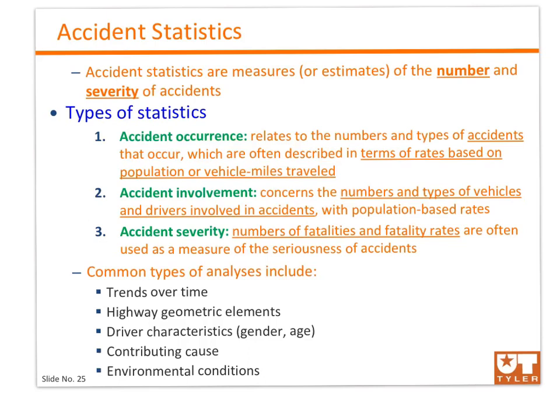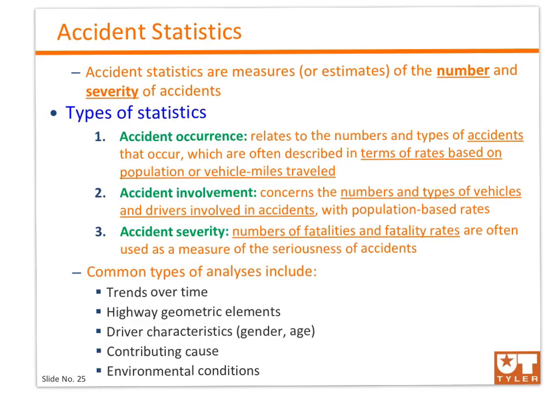There are common types of analyses that are included in any accident study. First would be the trend over time. For example, are we seeing at this intersection a trend of increasing or decreasing accidents? Second is the highway geometric elements. We need to include in our analysis whether the geometric design of the highway is a reason for improving or worsening the situation.